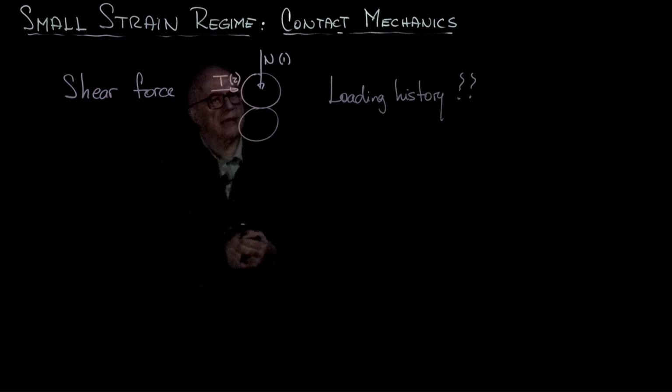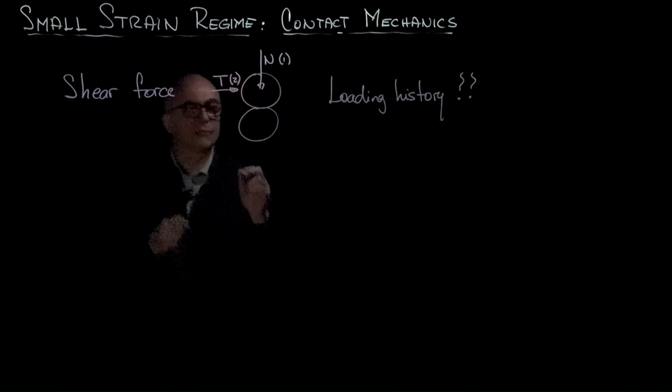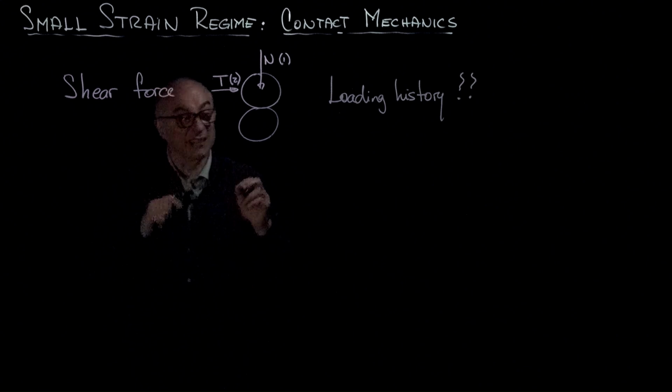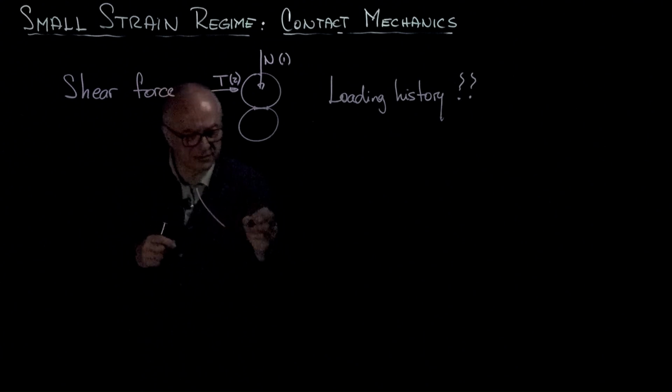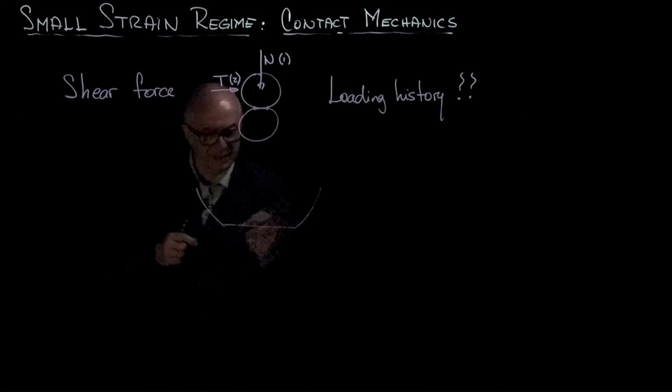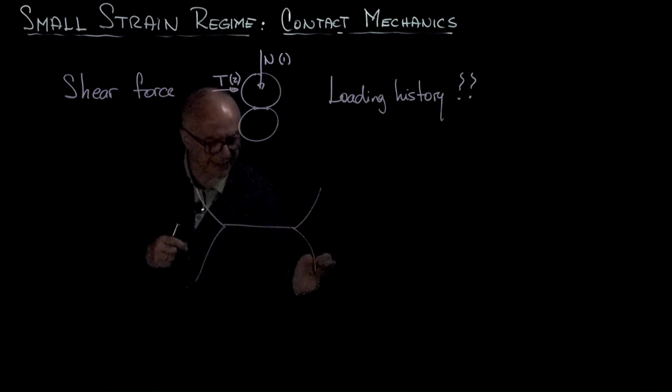Now let's see what happens at the contact. I'm going to zoom in at the contact, so in this region, and you're just going to see the upper particle, the contact, and the lower particle.